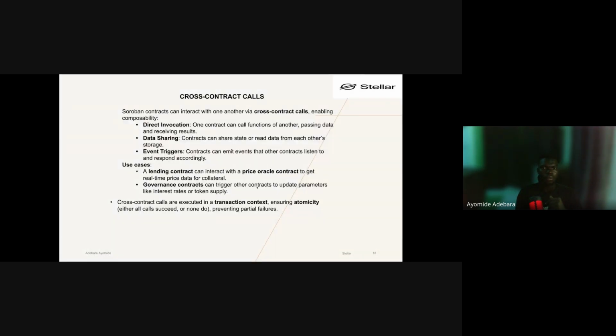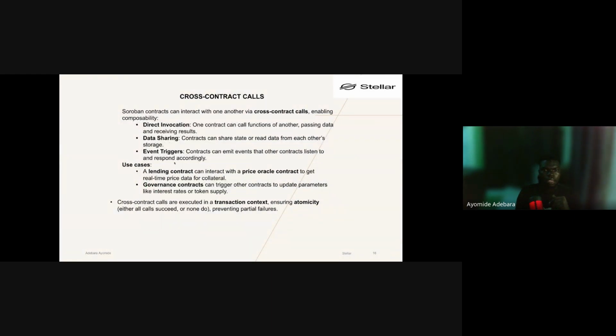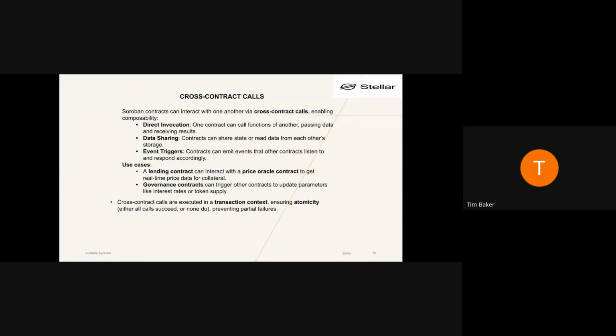So yeah. Okay. Did I miss anything? Thanks for pointing that out. So where is it? Data sharing. Okay, it was under data sharing. Yeah, on that screen, like your second bullet point.